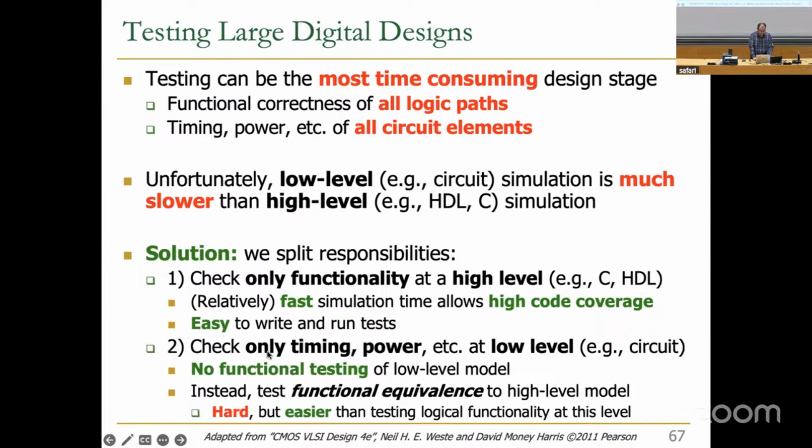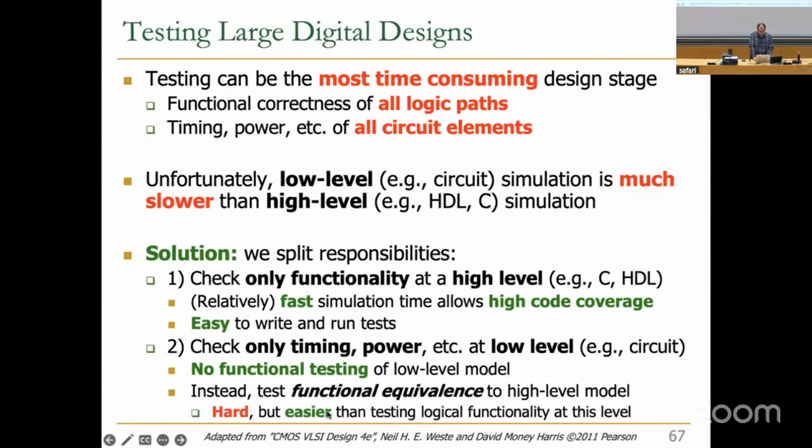And then we check only timing, power, etc. at low level, meaning at circuit level, for example. For that, we don't do any functional testing anymore. Instead, we try to only make sure that the functional equivalence is correct.